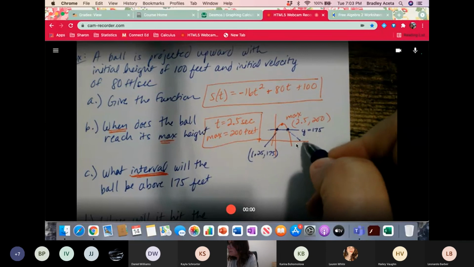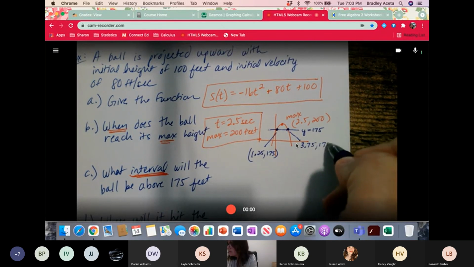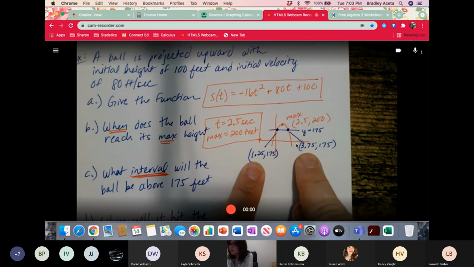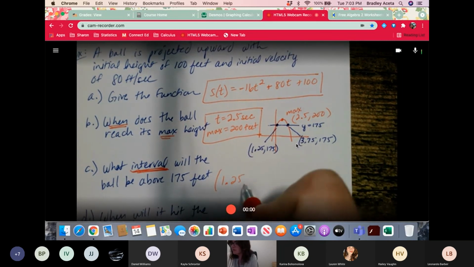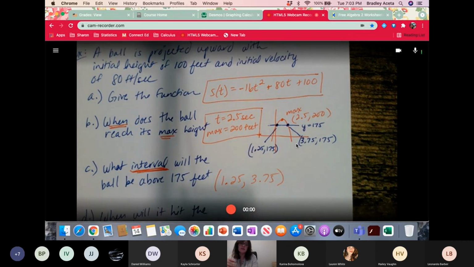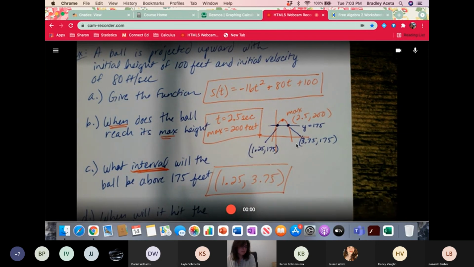This was the point (3.75, 175). And again, the question is asking, what interval will it be above 175? Well, from 1.25 to 3.75. From 1.25 seconds in the air to 3.75 seconds, this thing is going to be above 175 feet when I throw it up. That's kind of neat.